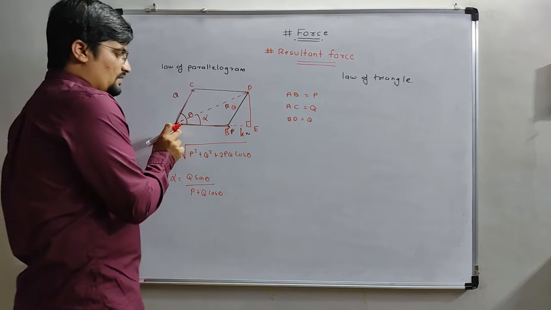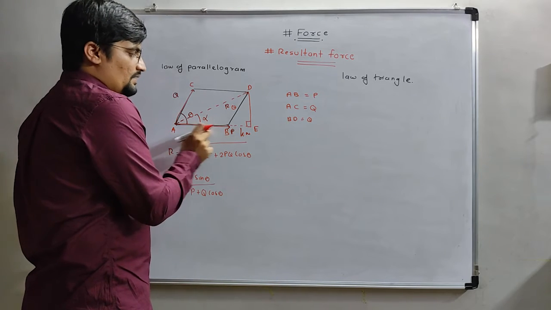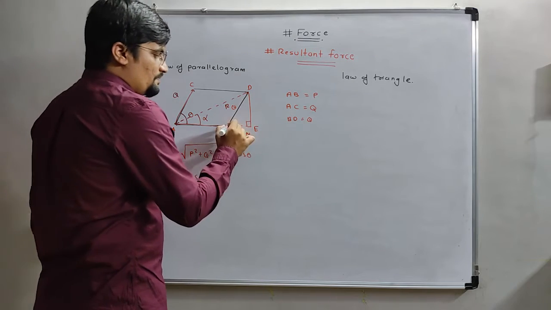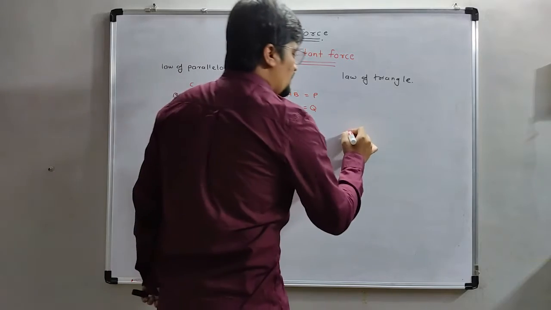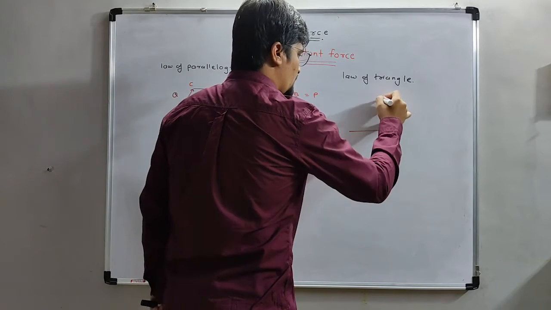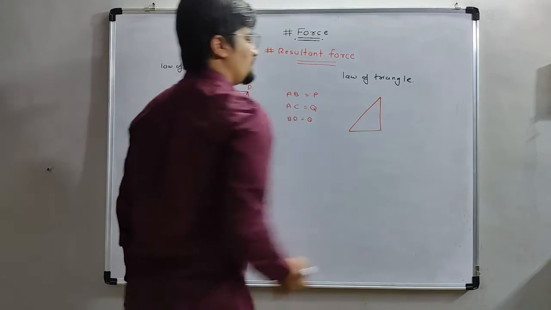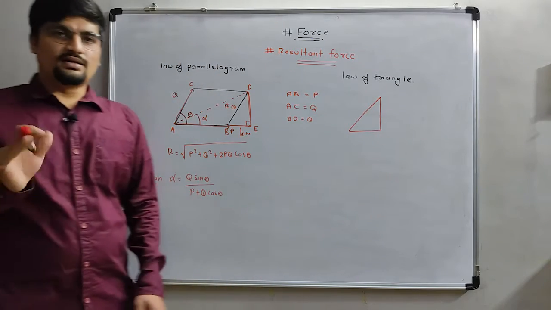It means if AB is equal to P, then AB plus BE. So what will be the BE and ED value? Let's draw this portion. We need to find the resultant.